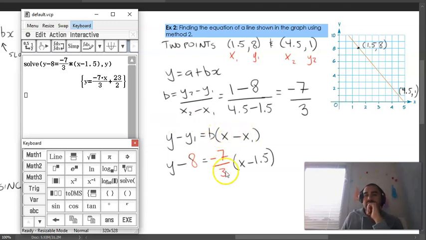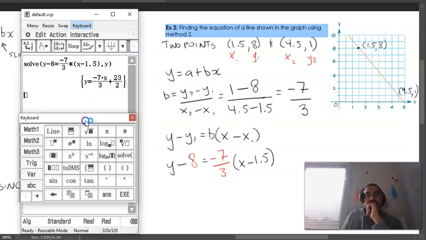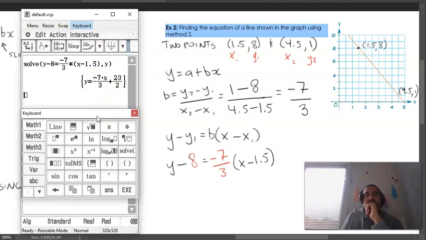Now there are two different answers we can approach. This is y is equal to negative 7 over 3 x, plus 23 over 2. If the calculator tells you that it wants it in decimal format, make sure that where it says Standard, you press this, and whatever it shows will give you that form of answer.